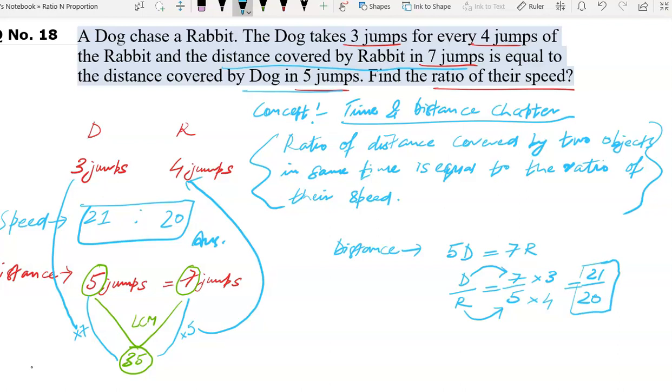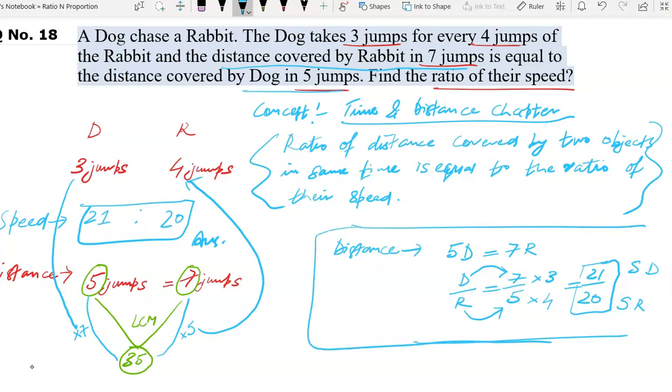They start at the same time and they end at the same time. So this is the distance covered by dog and rabbit in the same time. So the ratio of their speed will be in the same proportion. So this is the speed of dog and this is the speed of rabbit. So this is the logic behind this. You can also solve this question this way, and you can also solve it this way.